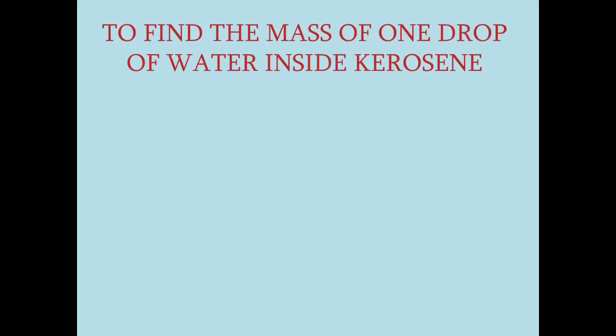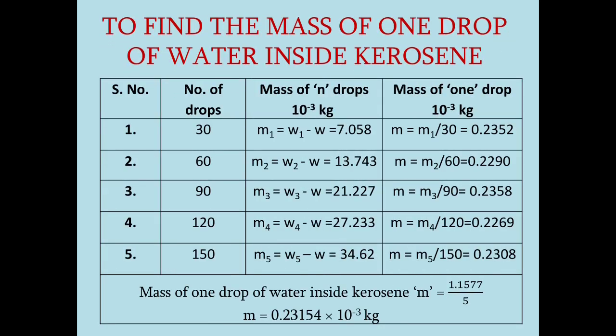To get the mass of one drop of water inside kerosene, first we find the mass for 30 drops by subtracting W from W1.